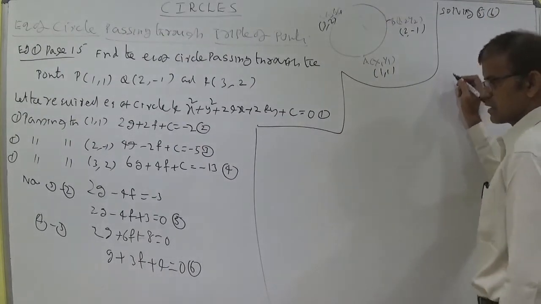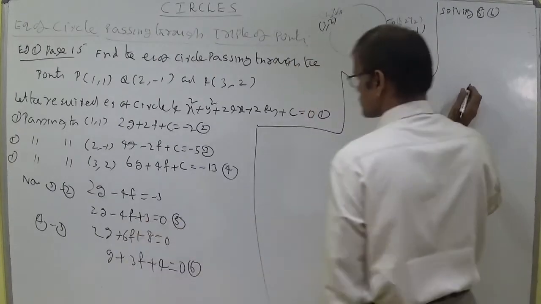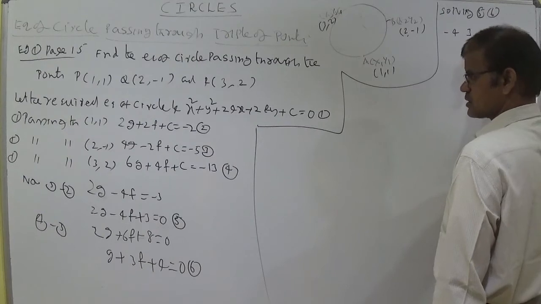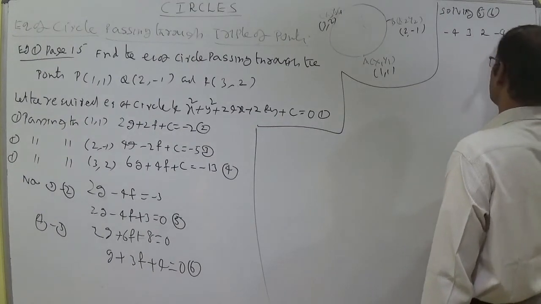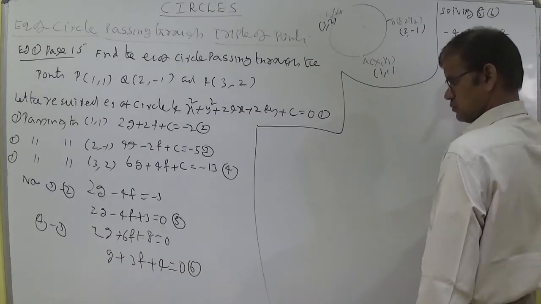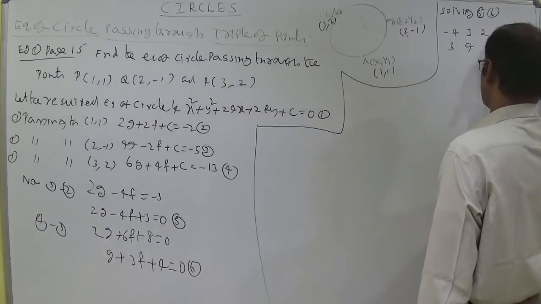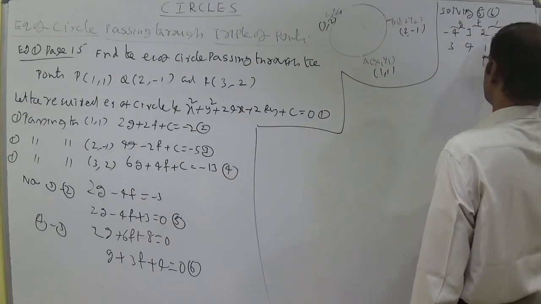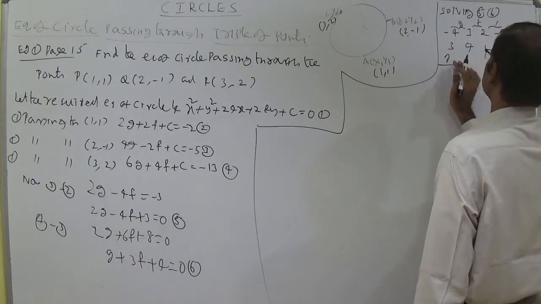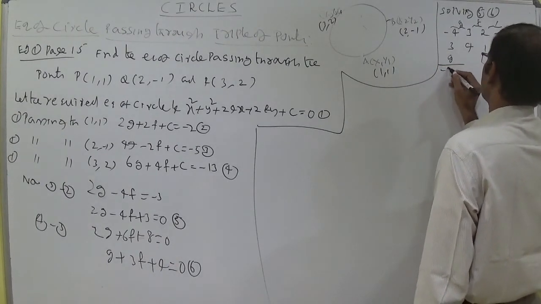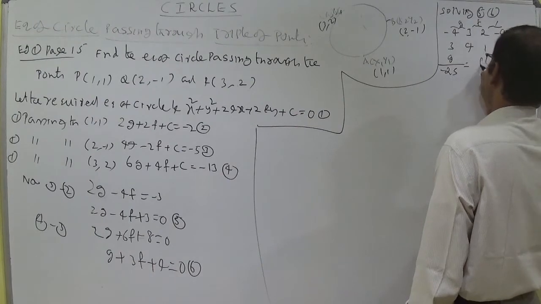Solving 5 and 6, like first year method, point of intersection method, you can write here minus 4, 3, 2, minus 4, here 3, 4, 1, 3. This is for g, this is for f, this is for 1. So g by minus 16 minus 9, you can write here minus 25.